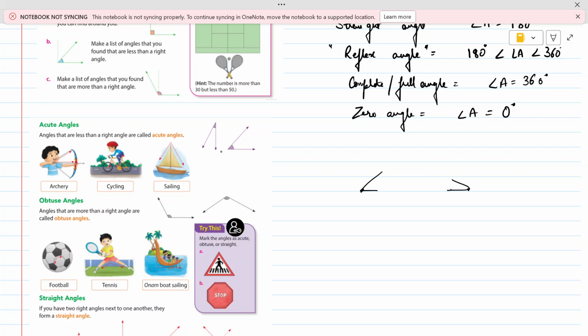Similarly, this is another example of the acute angle where the two rays are greater than 0 and less than 90 degrees with each other.